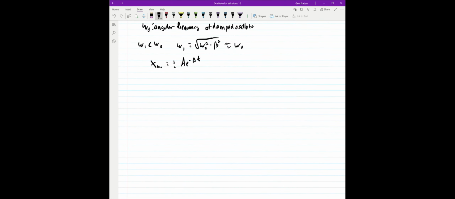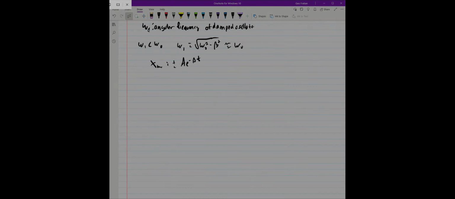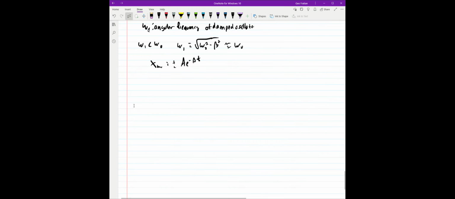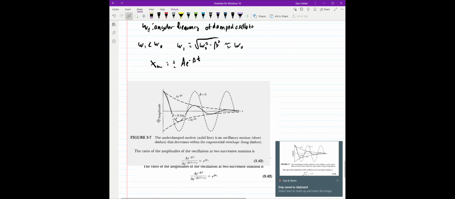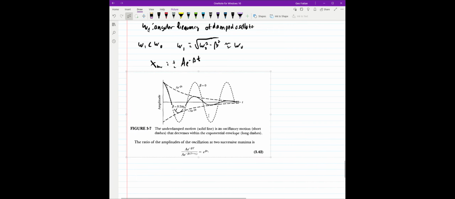But okay. Let's look at a graph of the underdamped motion real quick, just so you can see what I'm talking about. We see the decaying exponential there, and here's our normal sine wave, and the dotted line right here. And our actual answer is like that, because it gets damped by that real part.